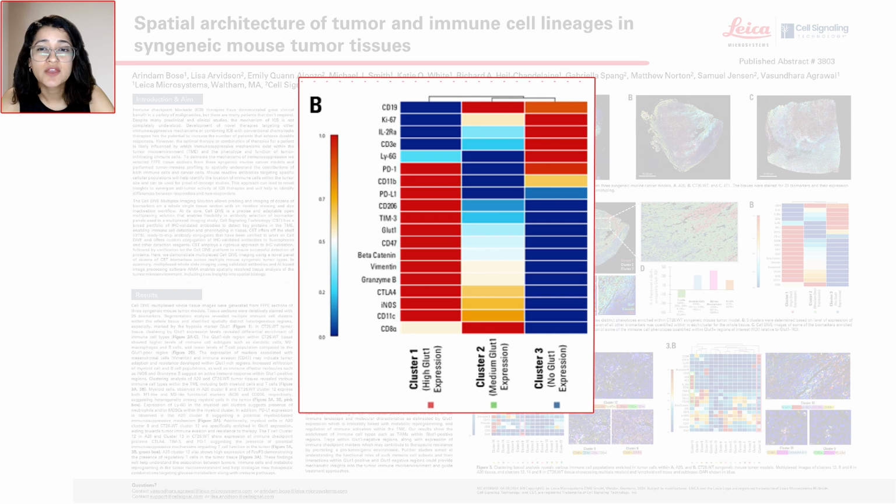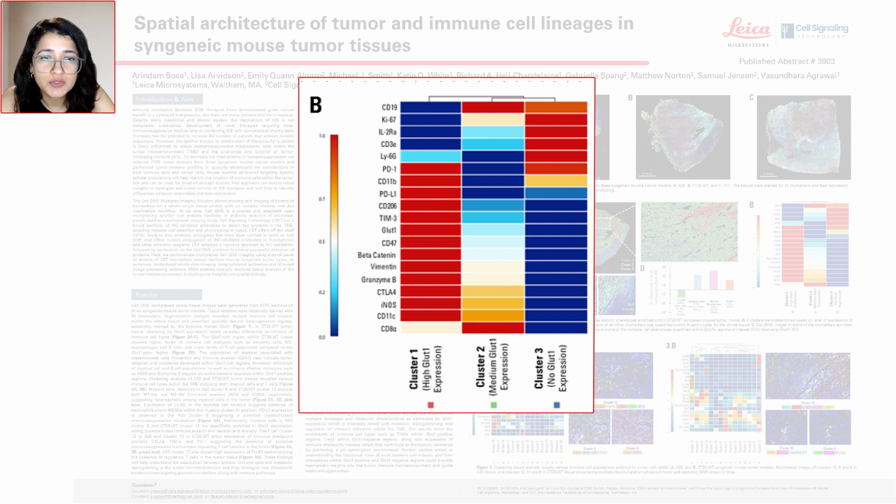Panel B shows 3 major clusters that were determined based on the level of expression of the GLUT1 biomarker within individual CD45 positive immune cells. The key takeaway of this analysis is that overall, we find that clustering by GLUT1 expression levels reveals differential enrichment of immune cell types.